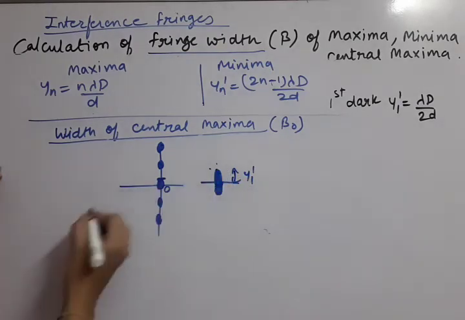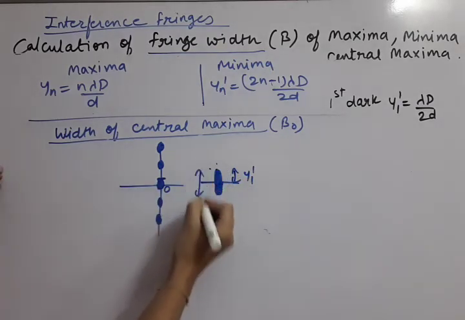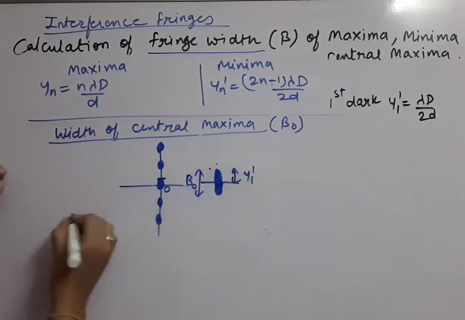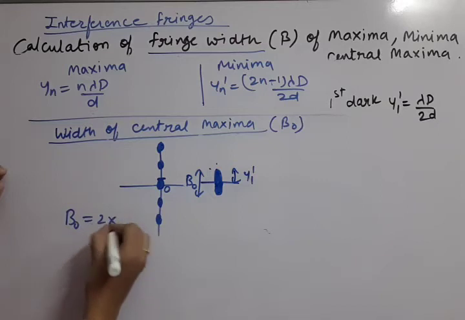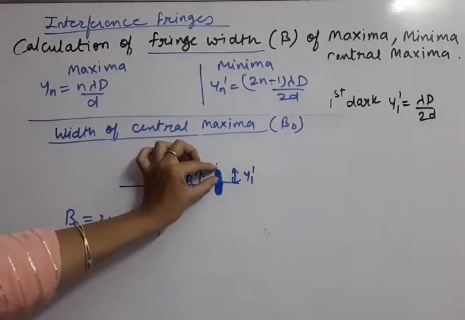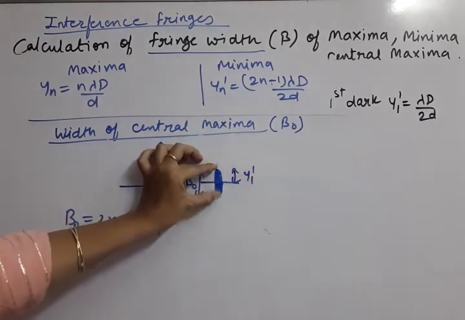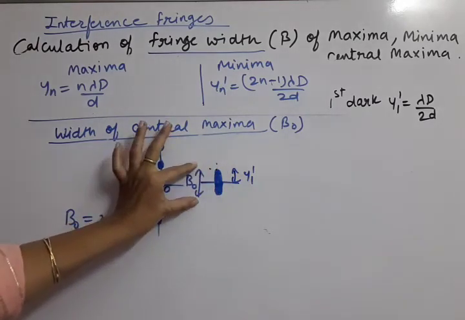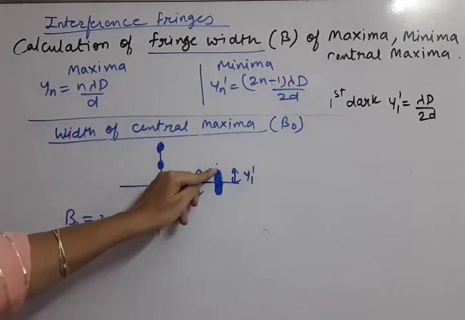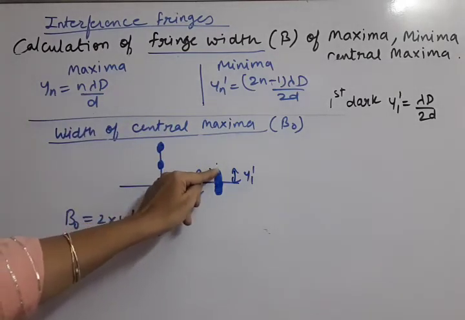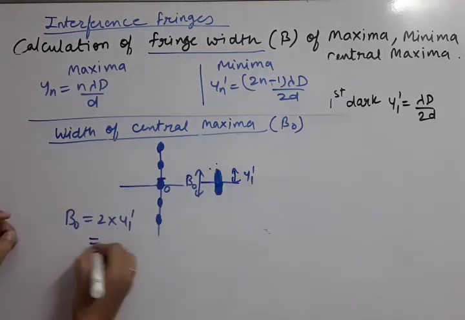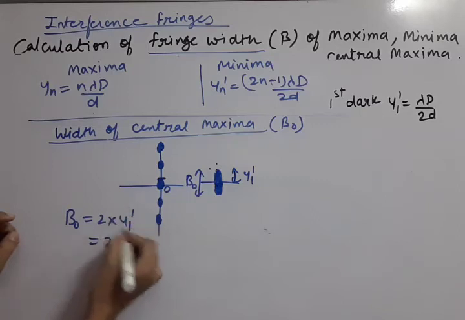So if I want this whole width of central maxima, beta 0, I have to just double the first dark spacing. First dark spacing or the displacement is y1 dash. So if I just double it, then I will get the whole width of central maxima, because wherever this central maxima is ending, there the first dark or minima is starting. So I need to just put here the displacement of first dark.